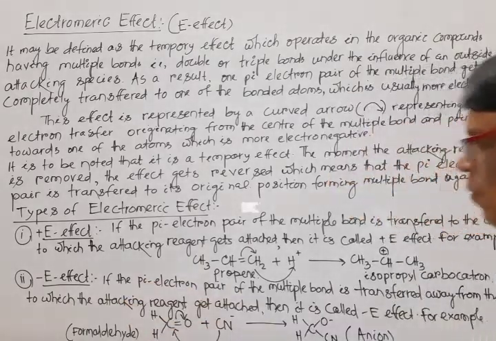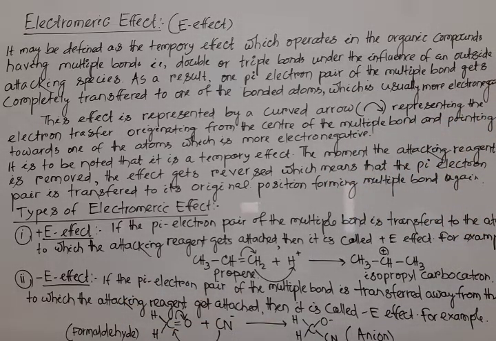Note down, if the pi electron pair of the multiple bond is transferred away from the atom to which the attacking reagent is attached, then it is known as minus E effect.